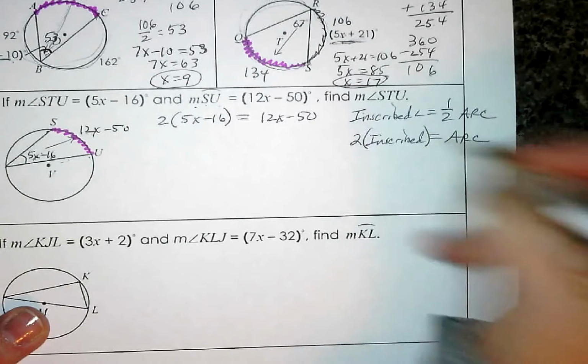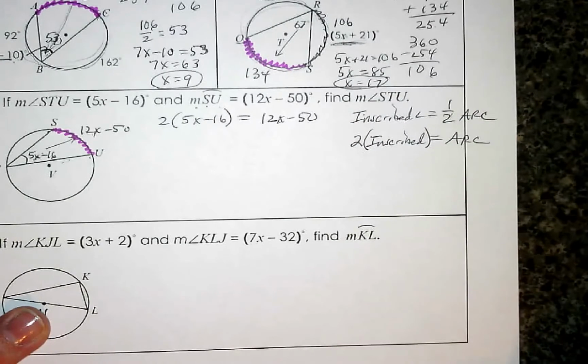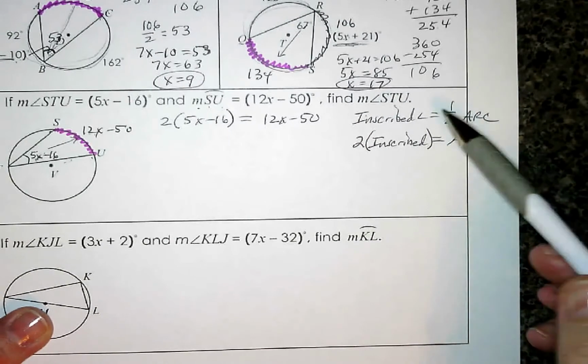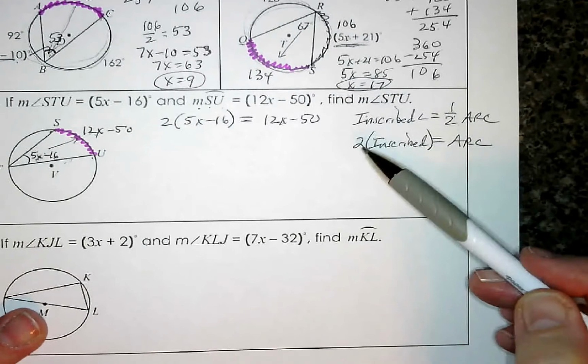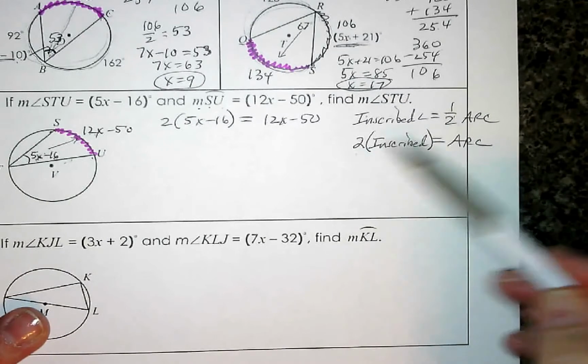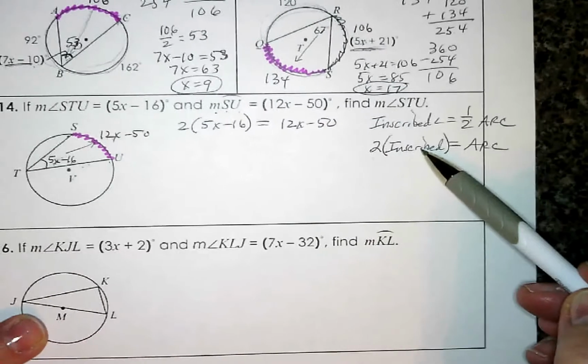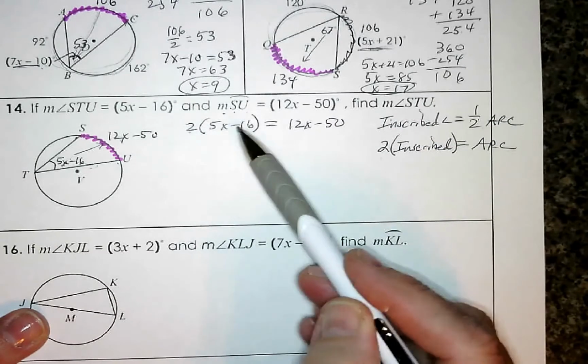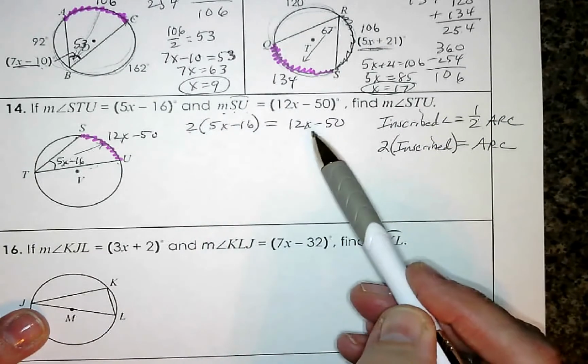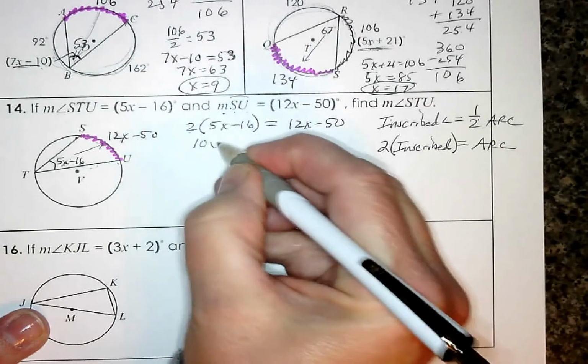Both of these are basically saying the same thing. Whether I divide by 2 or multiply by 2, you could do this problem either way. I'm choosing to do this one here. So 2 times the inscribed angle equals its arc. So let's do distributive.